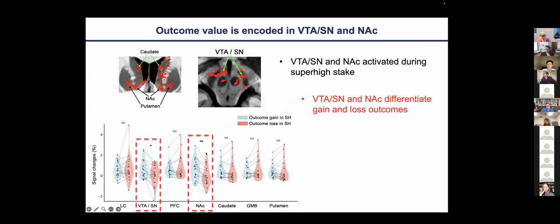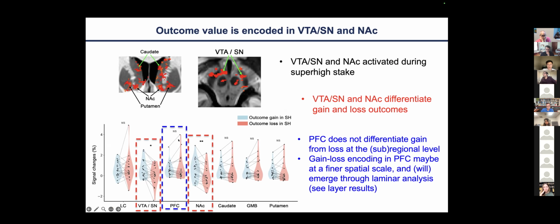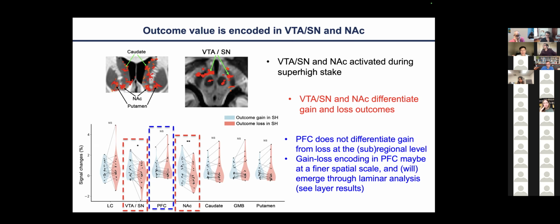This is consistent with their role, because we know VTA and nucleus accumbens are related to dopamine-related rewarding signals. And the interesting thing here is prefrontal cortex. We know prefrontal is engaged in processing the outcome signal, but at a regional or sub-regional level, we didn't see, for example, prefrontal differentiating gain versus loss.